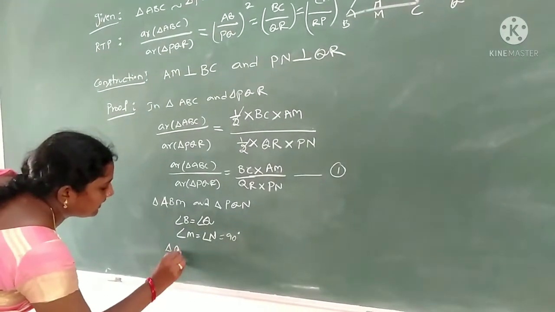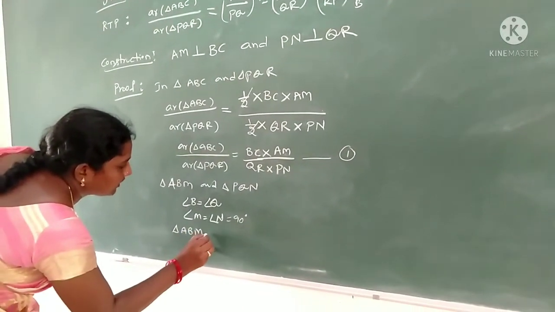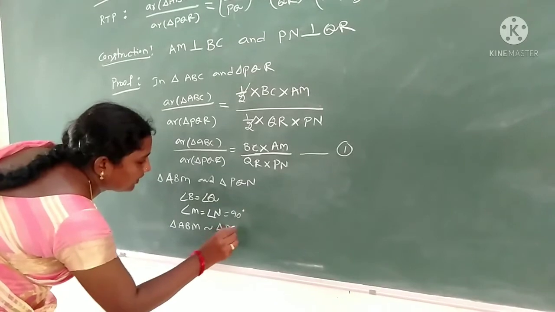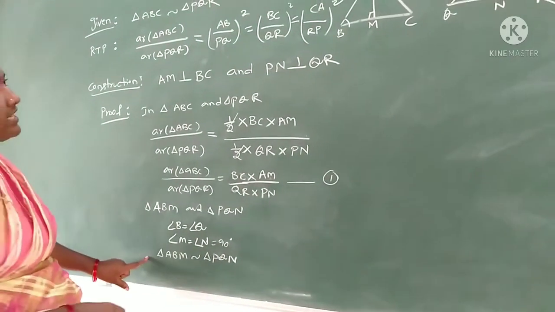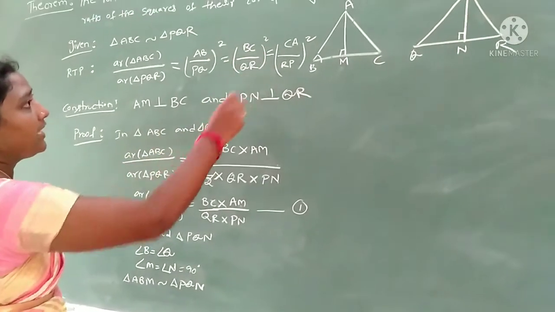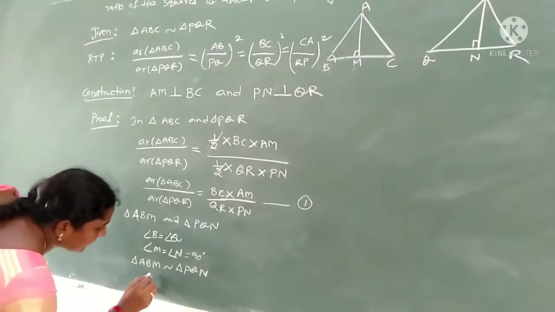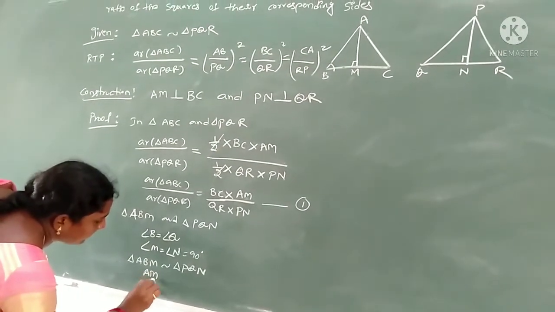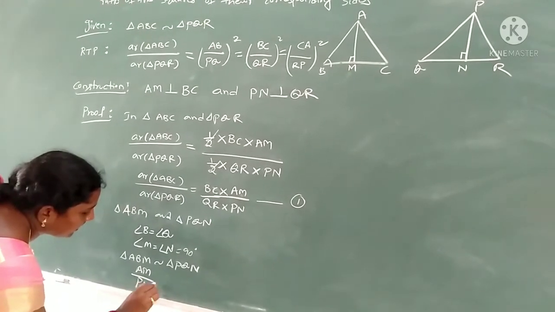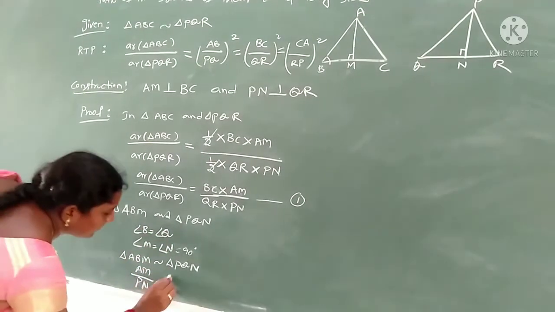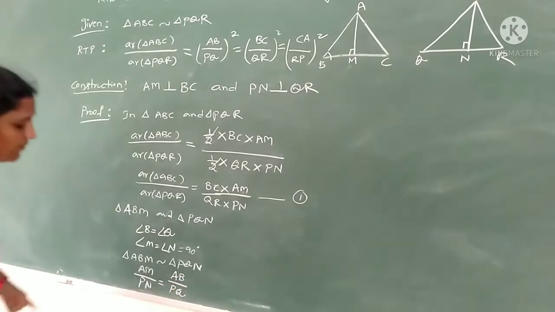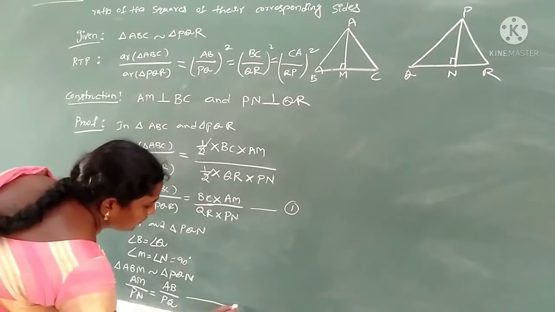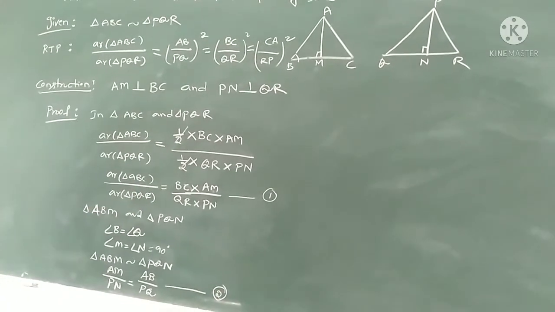So triangle ABM is similar to triangle PQN. So their corresponding sides give AM by PN equals AB by PQ. This is equation 2.